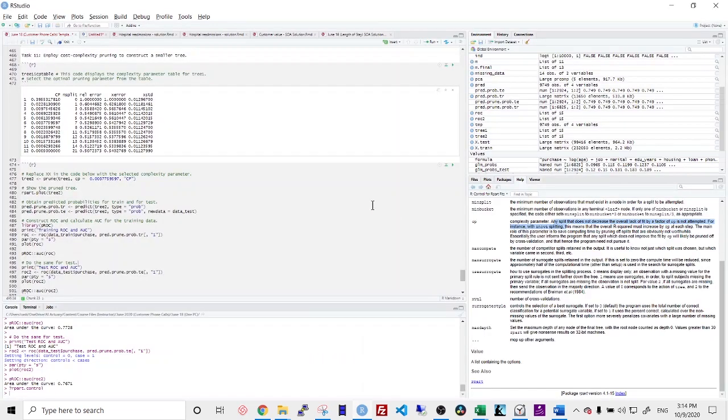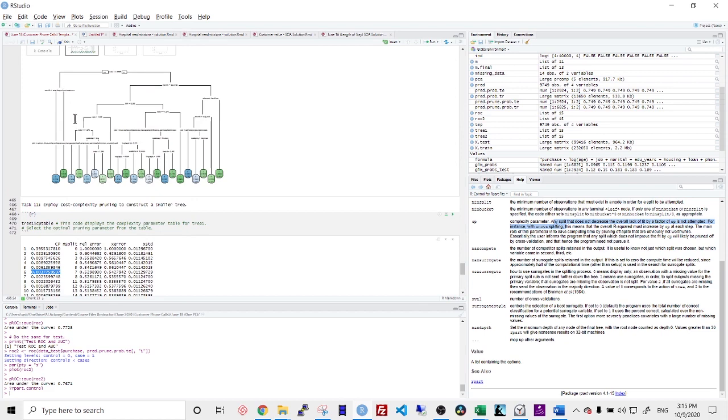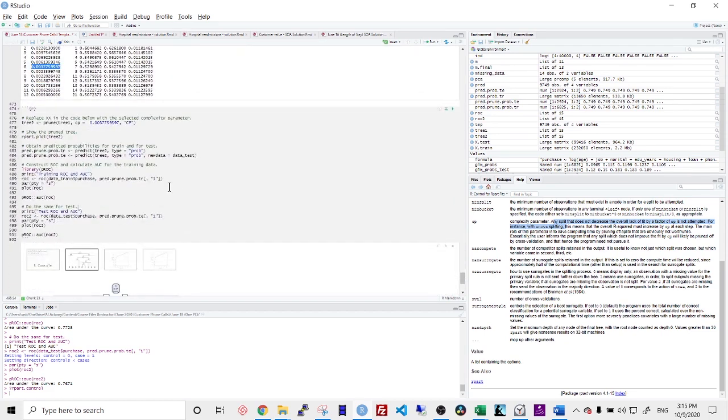So if I try using a higher value of CP, this says that if I use 0.0023, I'll get 8 splits. Let's try a value of 0.003. That will give me 7 splits. Note that splits are different than leaves. Splits are the internal nodes, and leaves are the terminal nodes.